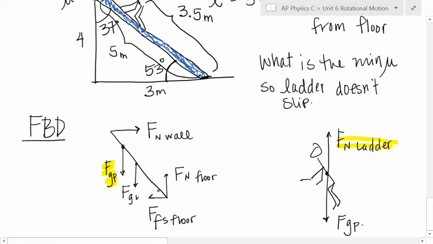The angle between the static friction force would be 53 degrees. The angle between the normal from the floor and the ladder will be 37 degrees. The angle between the gravitational force applied to the ladder by the earth and the ladder would be 37 degrees.